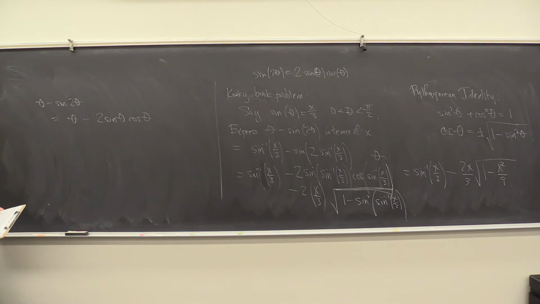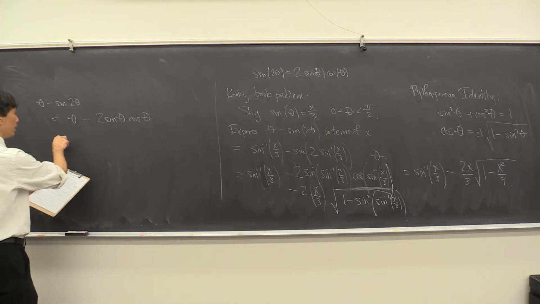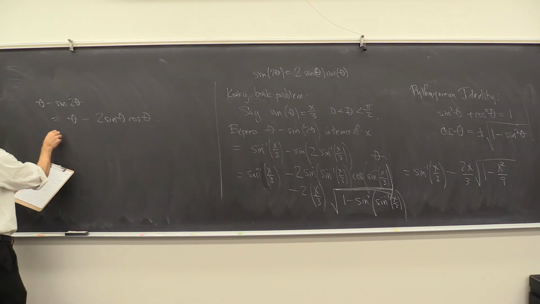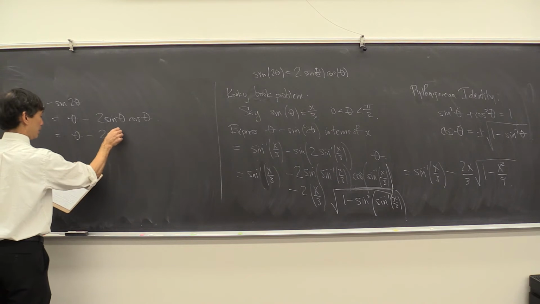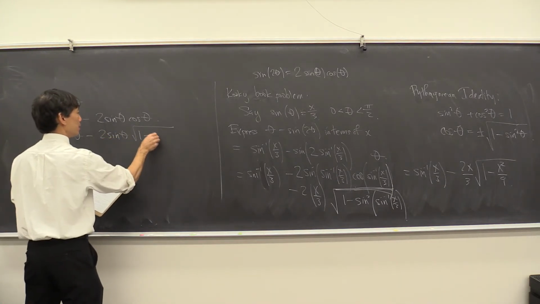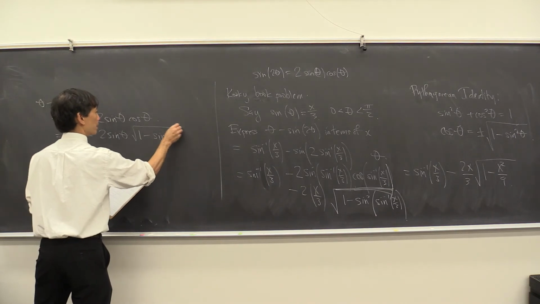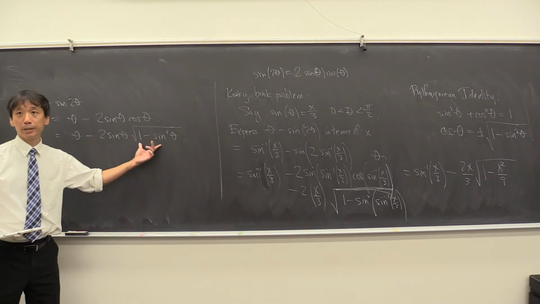Right, which is the same as theta minus 2 sine theta times the square root of 1 minus sine squared theta, by the Pythagorean identity.